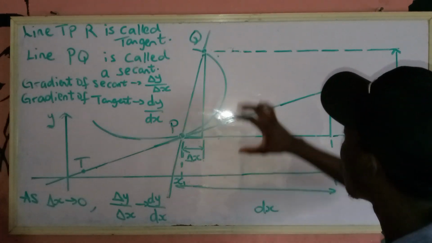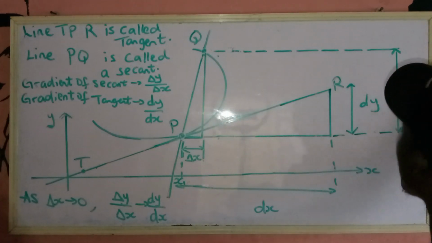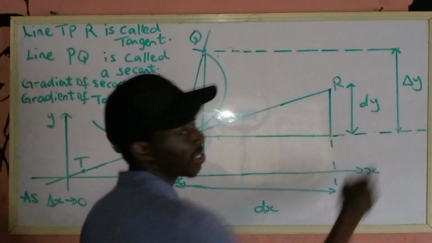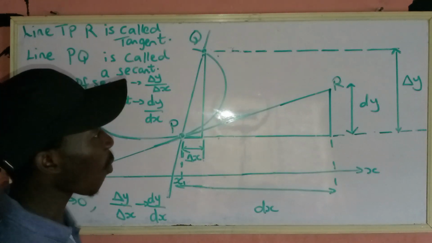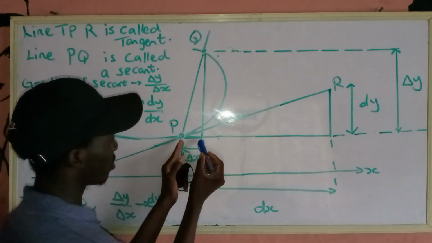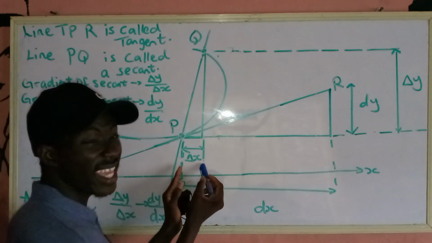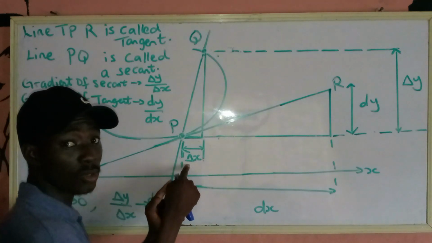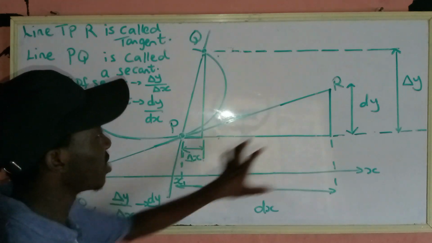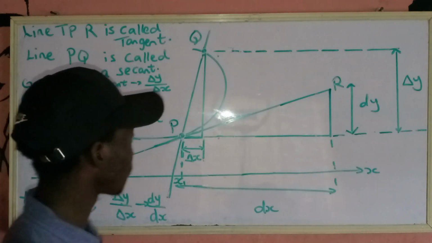So for the secant, the height here is the change in y, from here to here. That is the change in y. While the base of the triangle is the change in x. That is the change in x. So this represents the base and this represents the height.